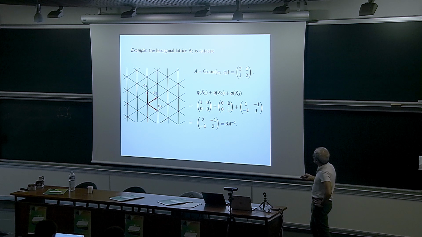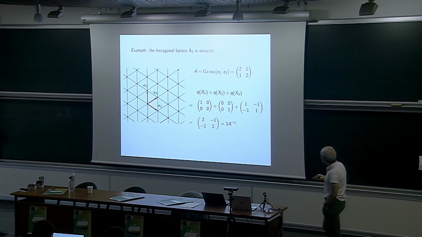Just before I formulate the Voronoi theorem, I also give two examples. So as before, if I consider the hexagonal lattice, then it is eutactic. It is a simple computation to check that the inverse of the Gram matrix corresponding to the hexagonal lattice here can be written as a linear combination with positive coefficients of the Q of x1, x2, and x3.